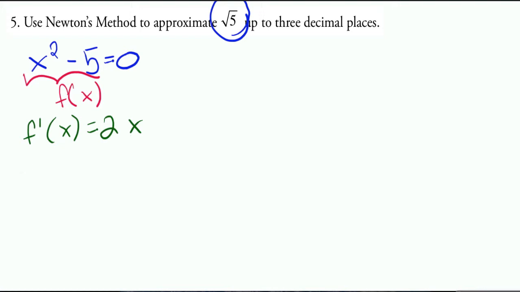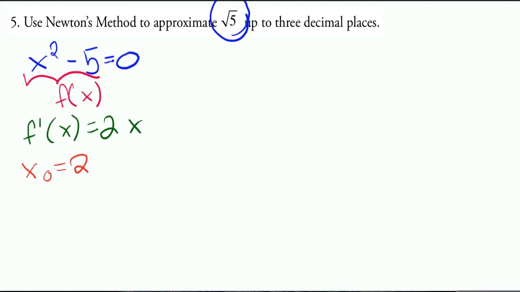And we need our initial guess. Since we know square root of 4 is 2 and square root of 9 is 3, it's somewhere between 2 and 3, but closer to 2. So let's start with our guess being 2.